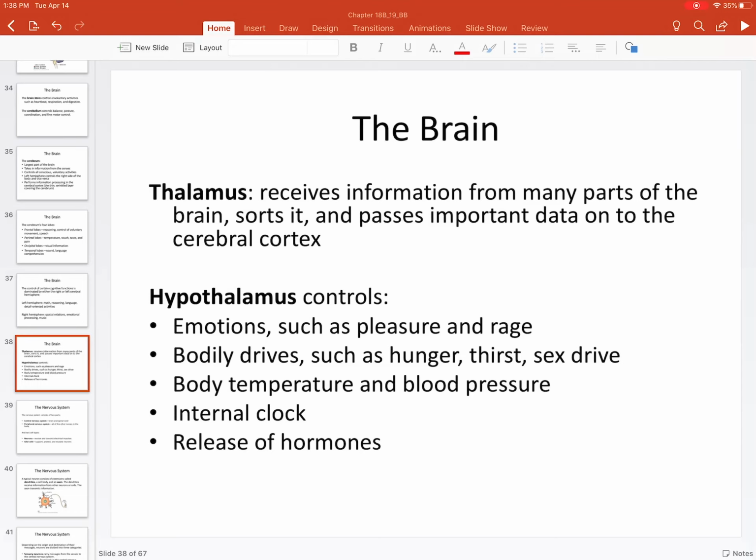So if you have malfunctions with these fundamental things you don't have to think about doing, then there could be an issue with the hypothalamus. You don't tell your body that you need to make estrogen or make testosterone. Your body just does it.